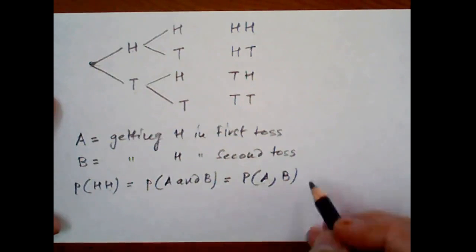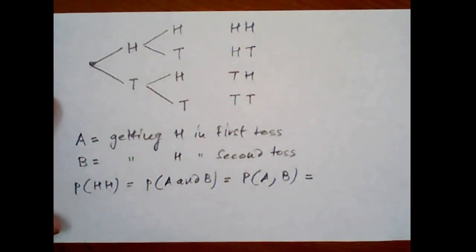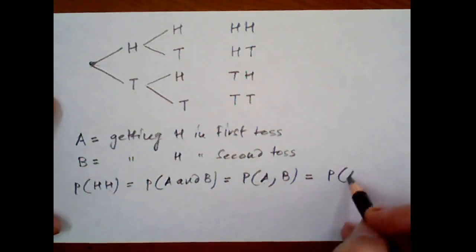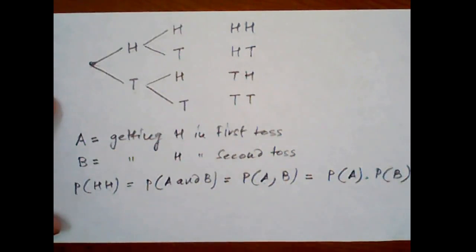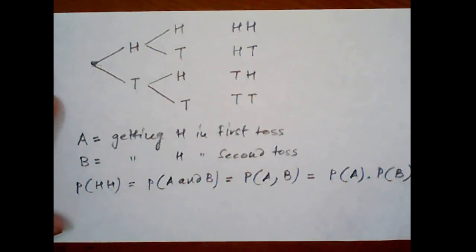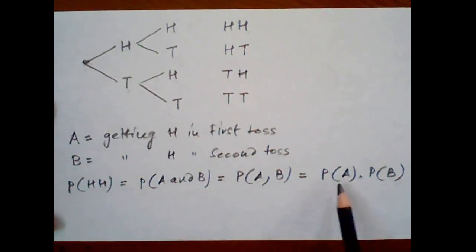Okay, now this is equal to probability of A times probability of B. Okay, now why is it that we are able to multiply probability of A and probability of B to get the answer to our question?